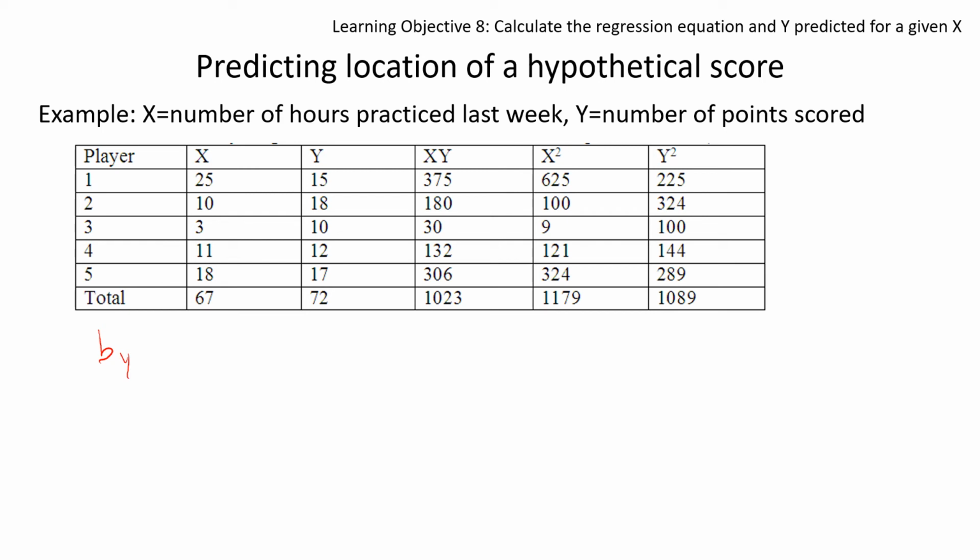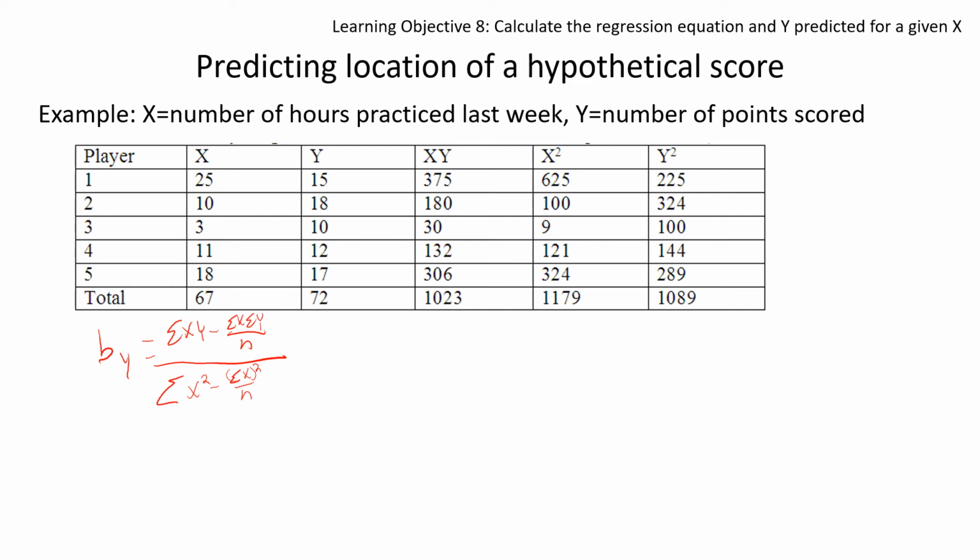With the slope, we've got the slope is equal to the sum of cross products divided by the sum of squares x. Well, the sum of cross products was the sum of xy, minus the sum of x times the sum of y, divided by n. All of that divided by the sum of squares x, which is sum of x squared minus the sum of x, that value squared divided by n.